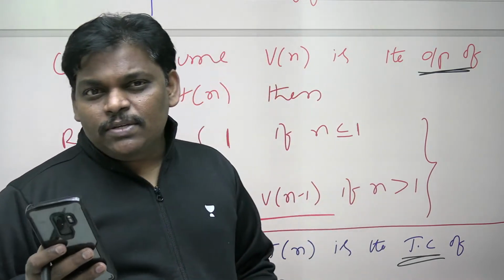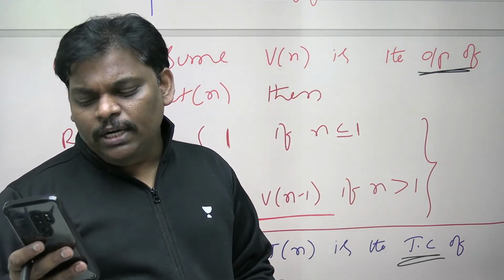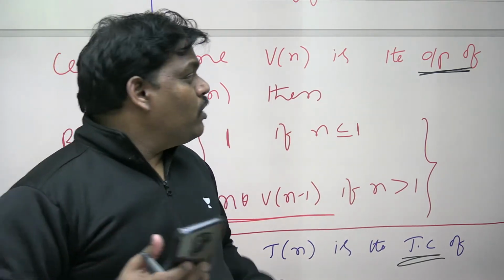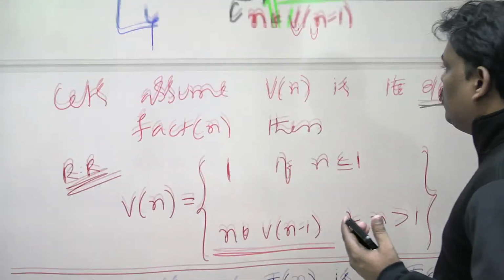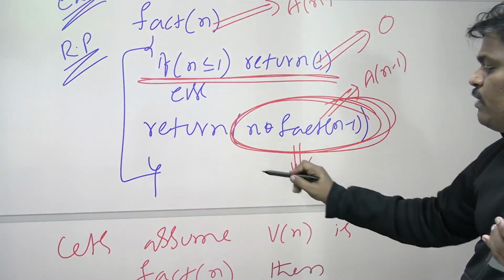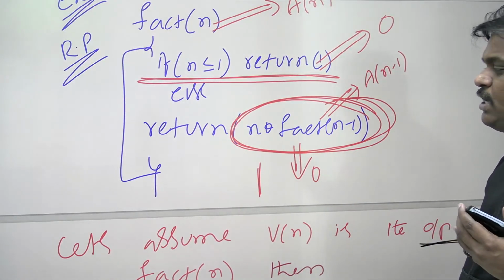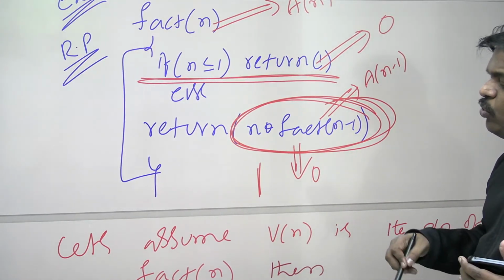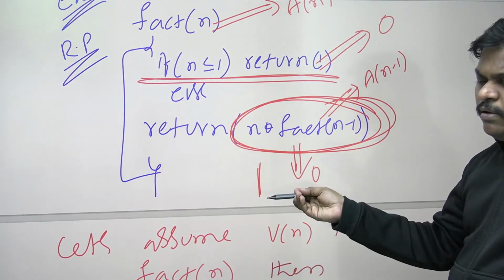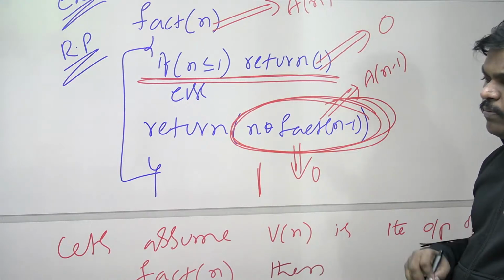But for the recurrence relation for other things, you have to use a little common sense. If you observe clearly, for other things, multiplication: how many multiplications are there? 1 in the else part. How many additions here? 0.